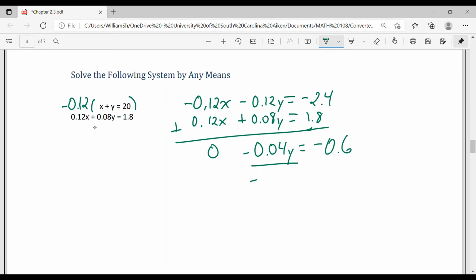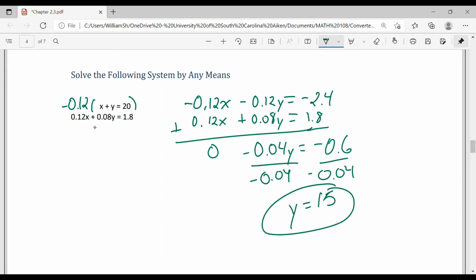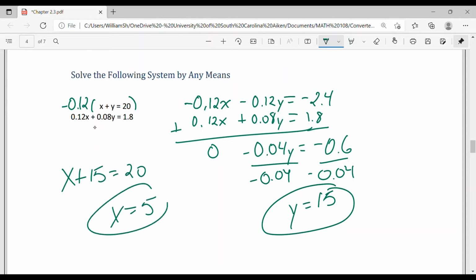So if I divide by this negative 0.04, you get 15, guys. 15 for my y. So if my y is 15, I'm going to plug it back into that first equation. x plus 15 equals 20. I think you can see here that x has to be 5. And I've solved a system of equations with elimination.